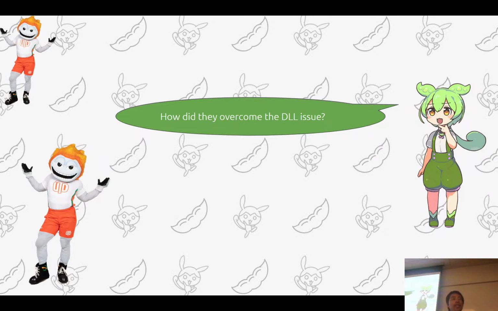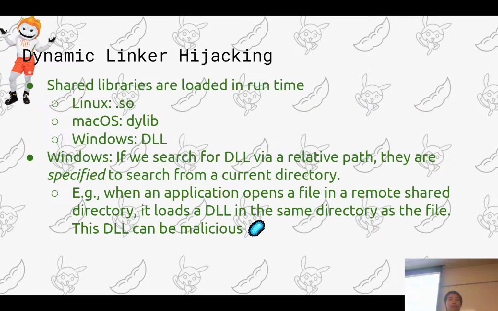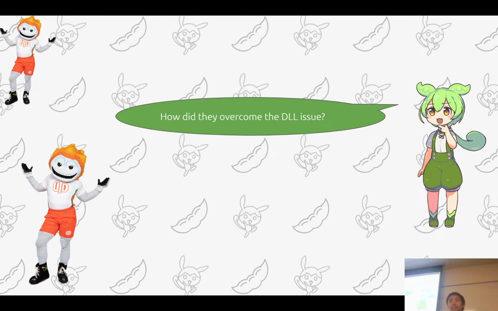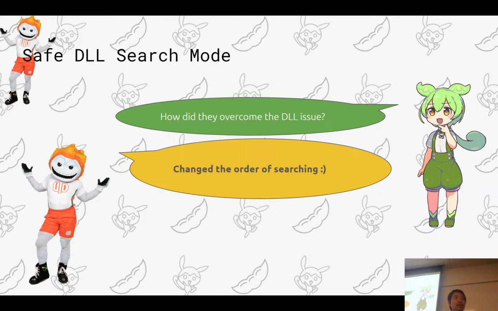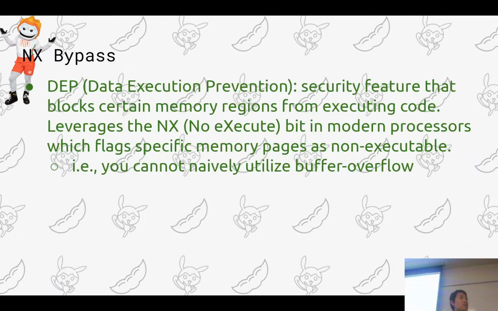Does anyone have any idea to overcome this problem? No one? Search from an absolute path. Yeah, kind of. It's called safe DLL search mode. It just changed the order of searching: they stopped searching from the relative path. That's what they did, so it's very simple.